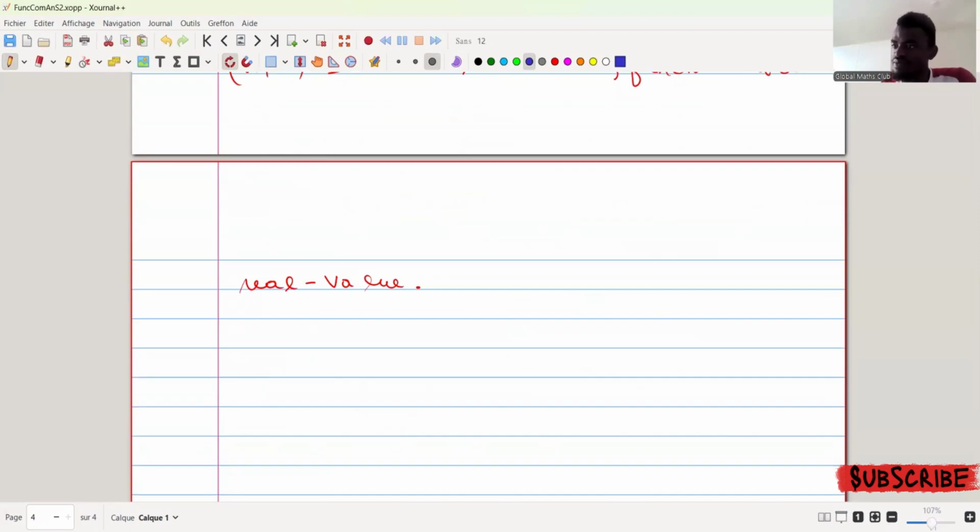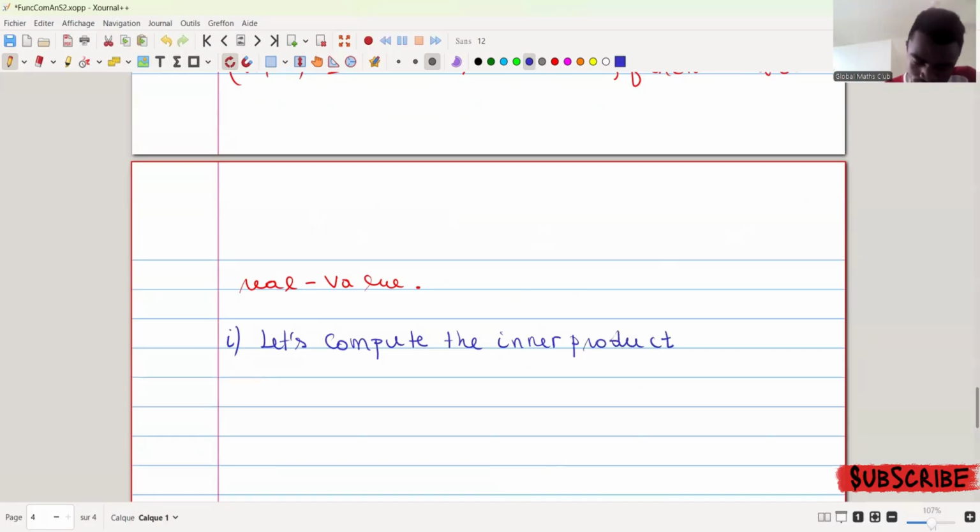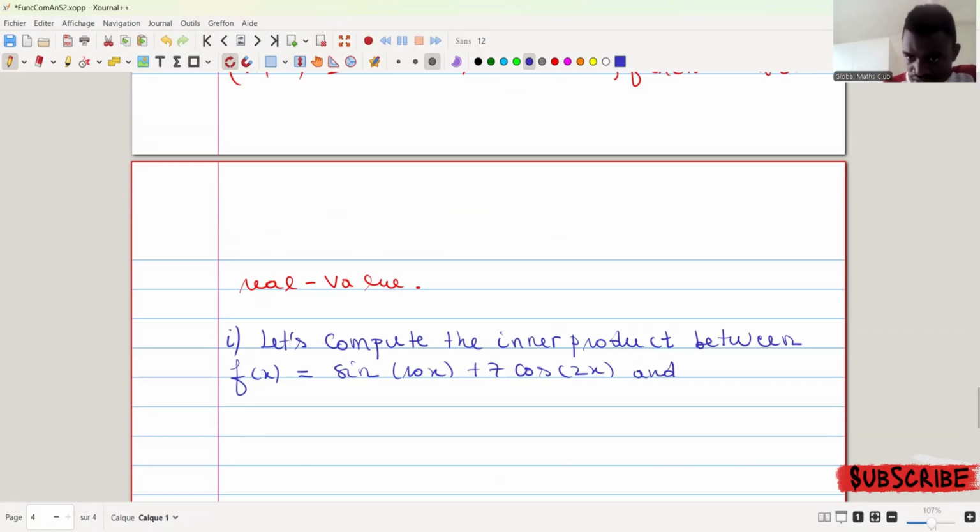So the first question: just compute the inner product between f(x) equal to sine of 10x plus 7 cosine of 2x and g(x) equal to cosine of 2x. So we want to compute the inner product of this.